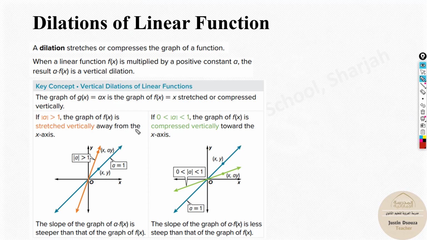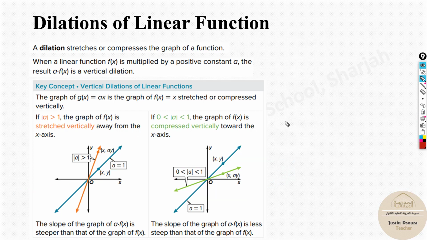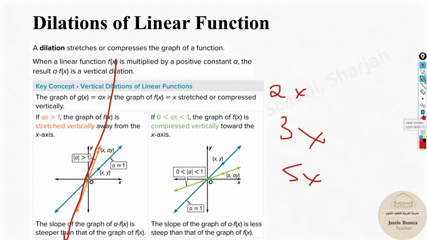Whereas if you compress, imagine you're pushing this line inward with both your hands. Press it in. What happens is it becomes a bit thicker and tends to go a bit like this. You can see over here, this is compression. You must always remember, whenever the first value is greater than 1, like 2x, 3x, 5x, it is stretched vertically.